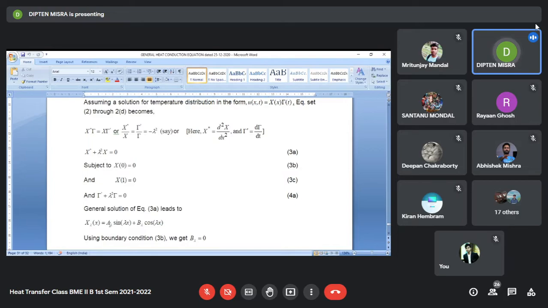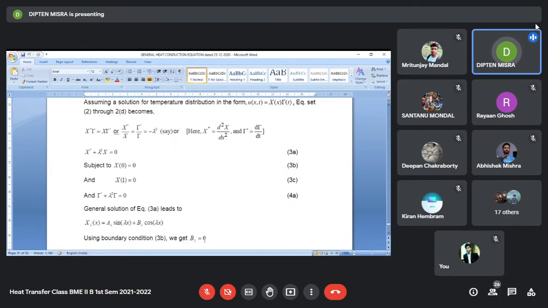So this term is gone, because x equal to 0 means sine 0 means 0. And cos 0 means 1. So it simply remains as B_λ equal to 0, as per the boundary condition. So B_λ has to be equal to 0.